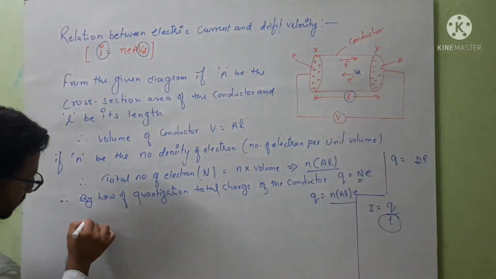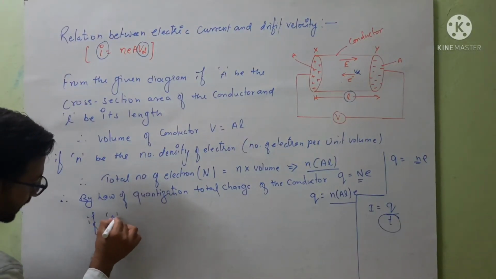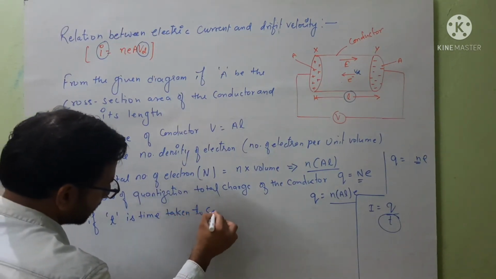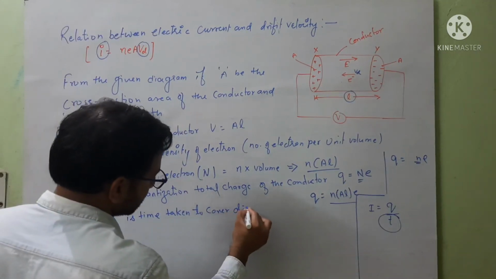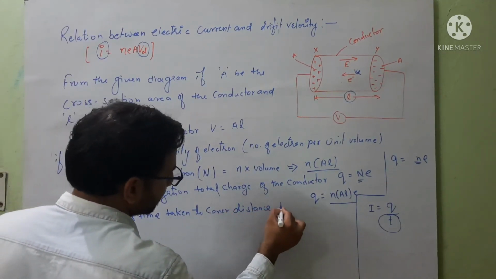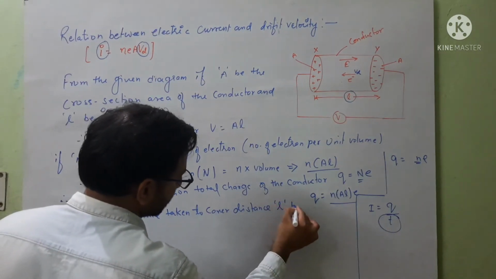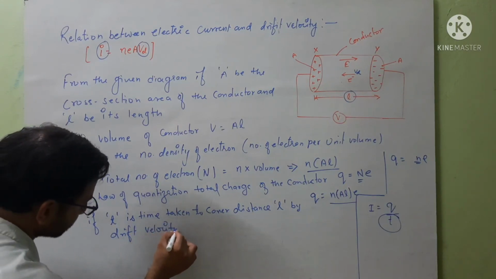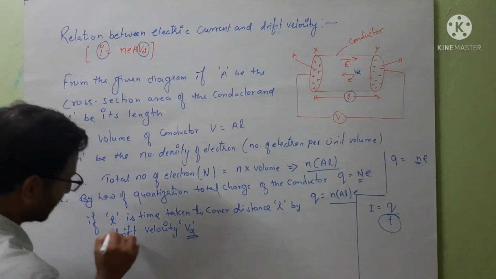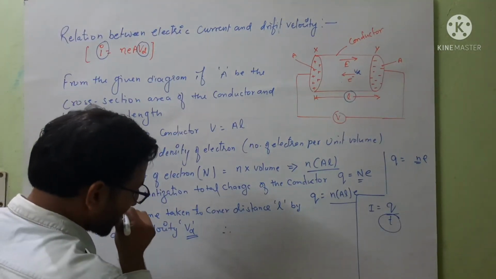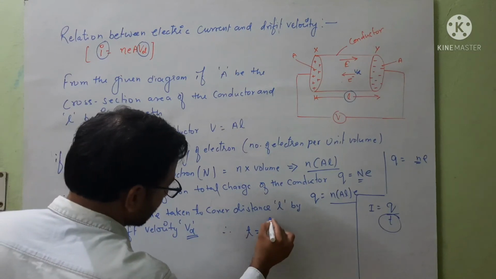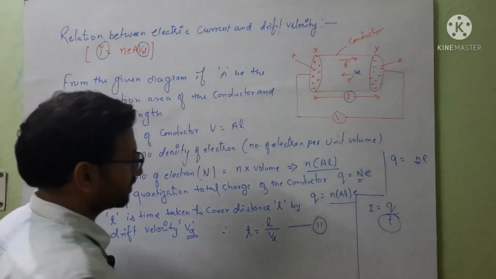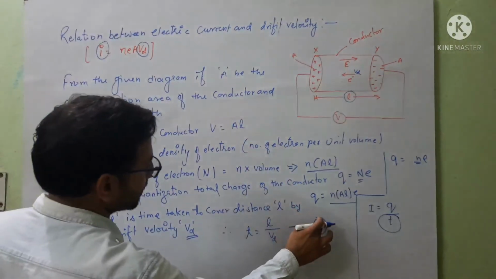So if small t is the time taken to cover distance L by drift velocity Vd, then t is equal to L upon Vd, distance upon speed. Got it? This is your equation number two, first you can say.